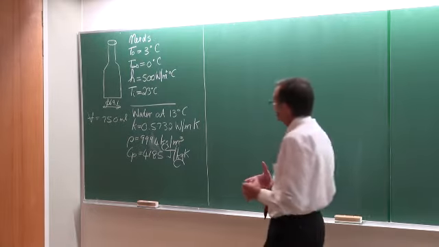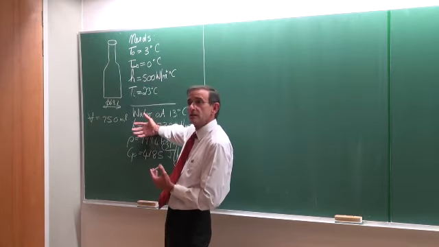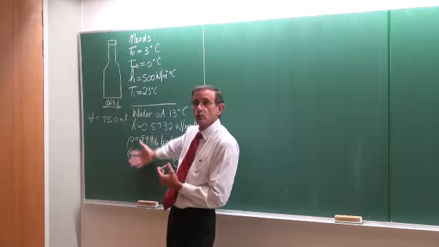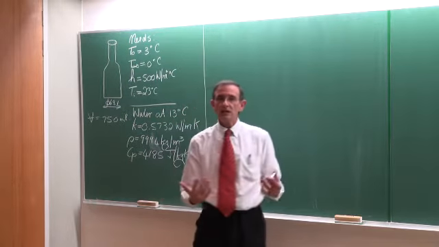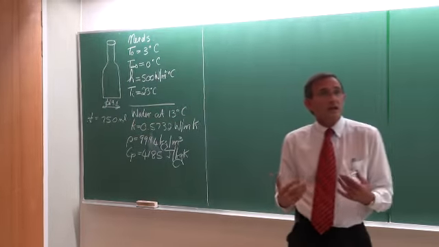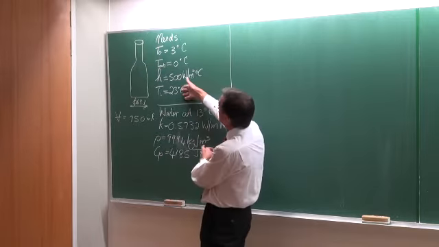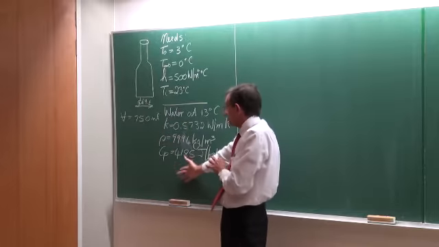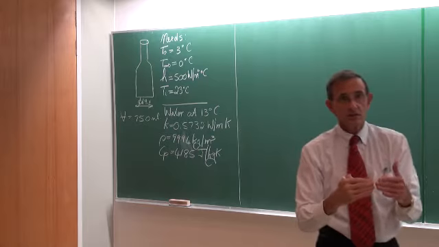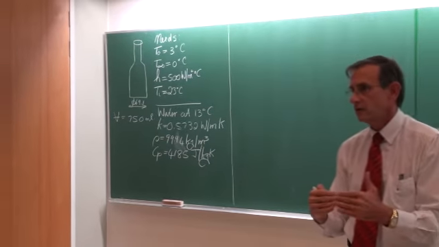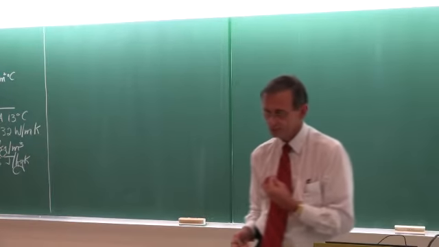If you want to go and do the problem with the properties at 23 degrees Celsius and also with 0 degrees Celsius, you'll see that in this case it would not really matter that much. And the reason for that is that the properties of water between 23 and 3, all these properties K, rho, and Cp, are not really strong functions of temperature. They are being influenced by temperature, but it's not significant. So it's not really a lot.